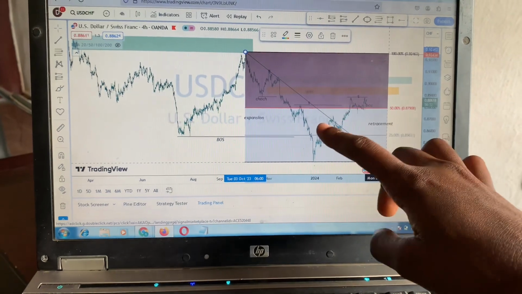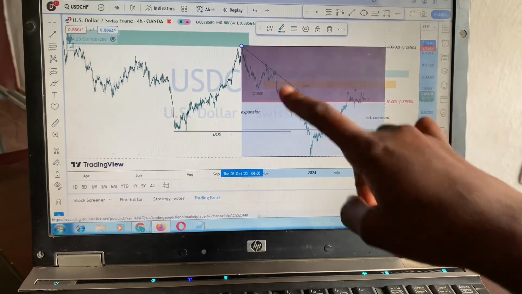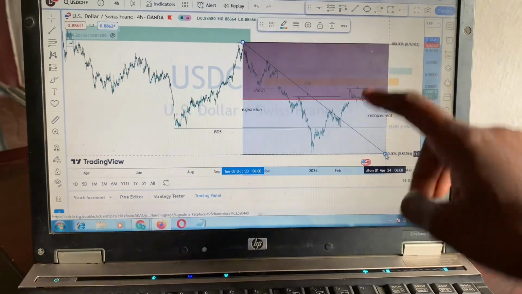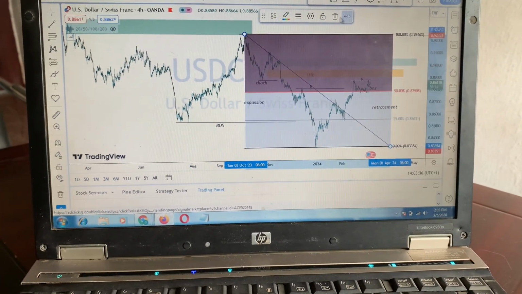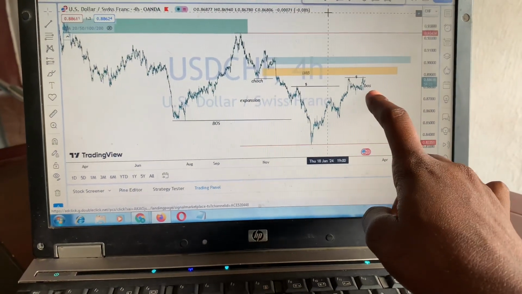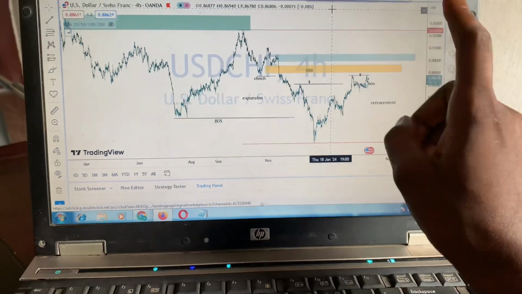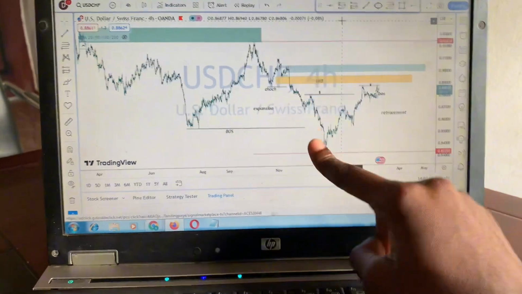You see price is just above the 50%, so we are currently at the premium. So anytime we see a break of structure, breaking below significant structure, we are going to be selling. Why? Because price is already above 50% of this range.